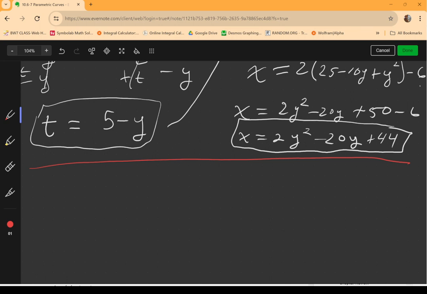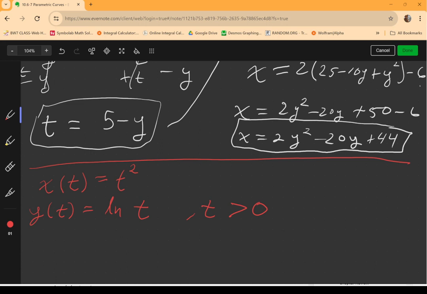Here we have x of t equal to t squared, and y of t equal to natural log of t, where t is greater than 0. Again, we're looking for a way to solve for t.